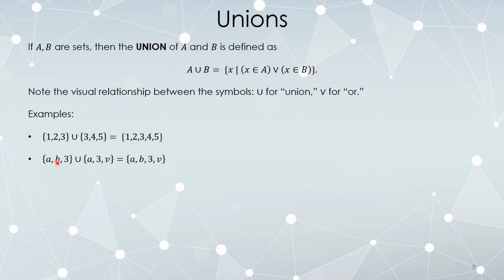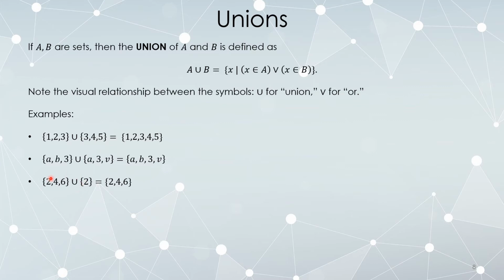Here we've got the letters a, b, and the number 3, union with a, 3, and v. a, b, and 3 will make "is an element of the left set" a true statement. a, 3, and v will make "is an element of the right set" a true statement. Here, the number 2 is a bit redundant.